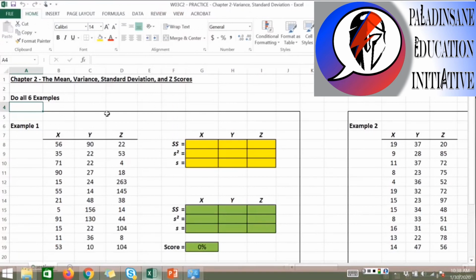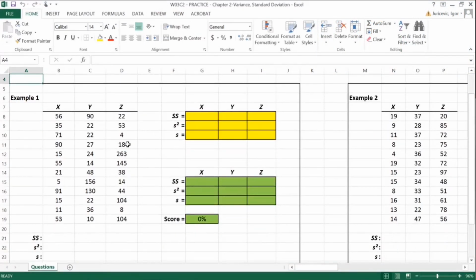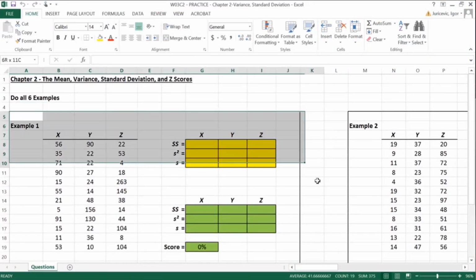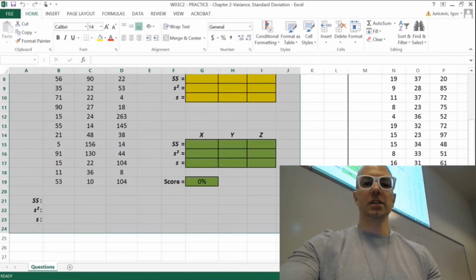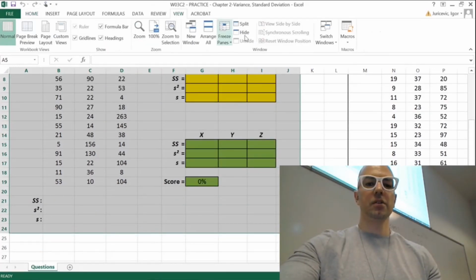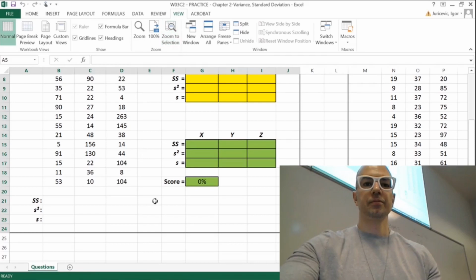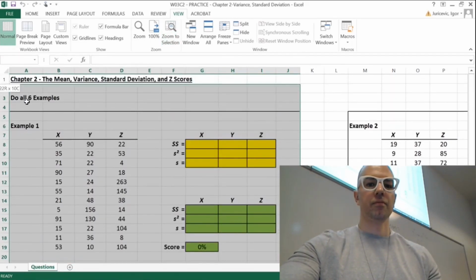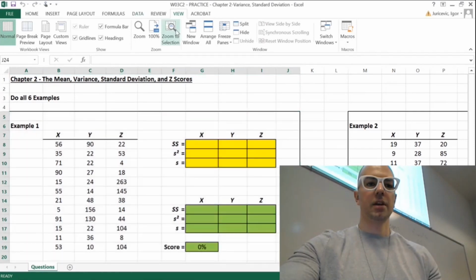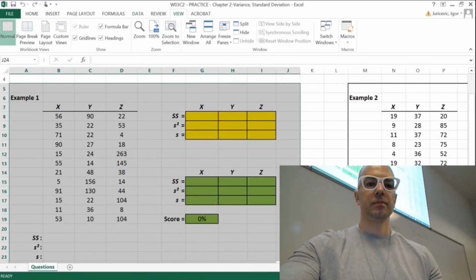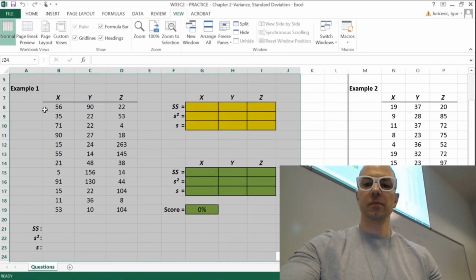All right, so the sheet that you're looking for looks like this. And let me just zoom in on that first question. All right, already zoomed.